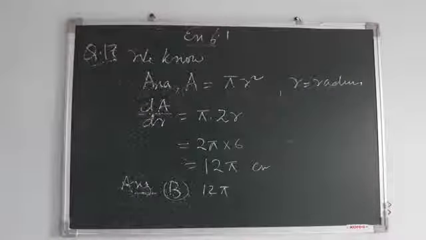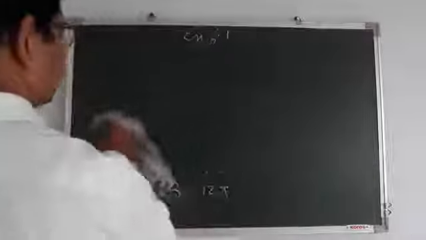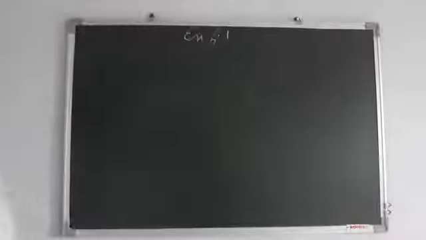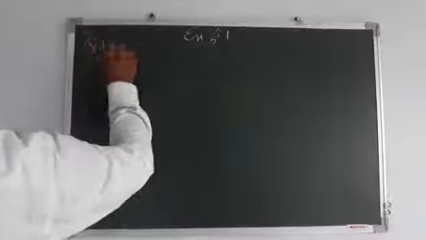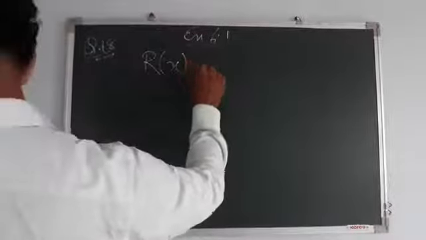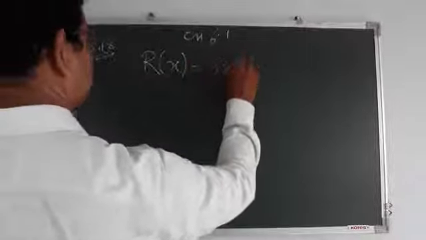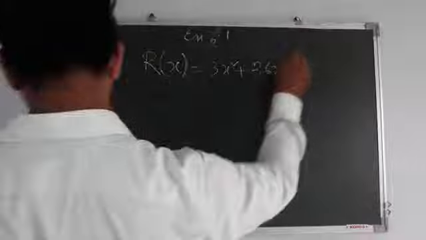So here also same method we will use. Question number 18. Here it is given as R(x) is 3x² + 36x + 5.